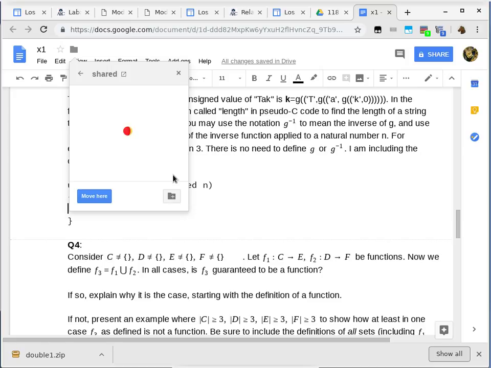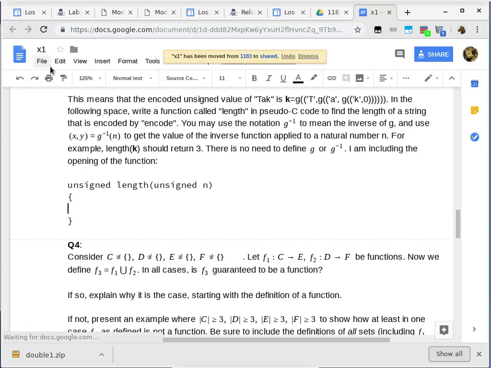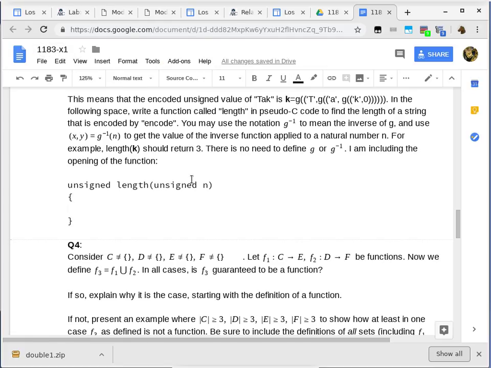And I don't remember whether I have subfolders for exam 1, 2, and 3, but if there's none, I can always name it in a certain way. Yep, it doesn't, so I'll just move it here and then change the name to 1183-x1. 1183 is the internal semester code used by ARC to name semesters. Okay, so now you guys have access to it.